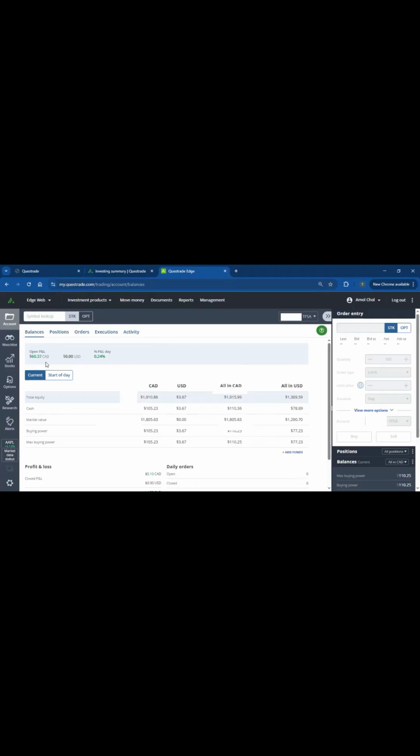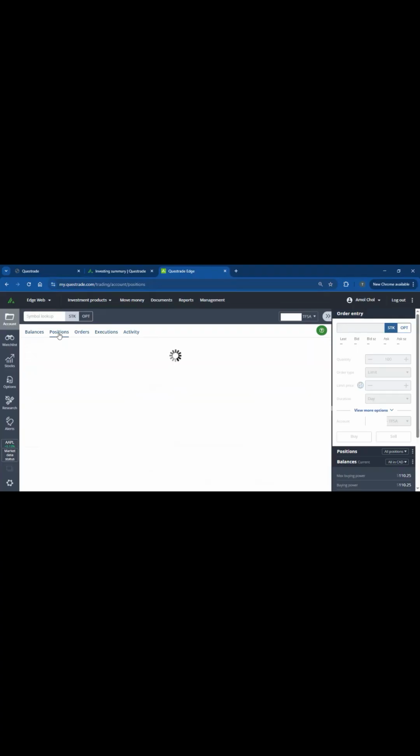So let's look at the positions that we already have. Sometimes we add a new position or we just buy the existing one. The one that has reduced in value is this one, Allied Properties, and when you buy it now, you will buy more of this.